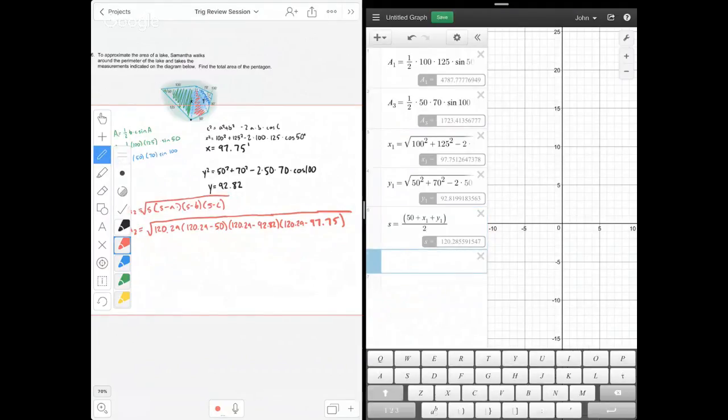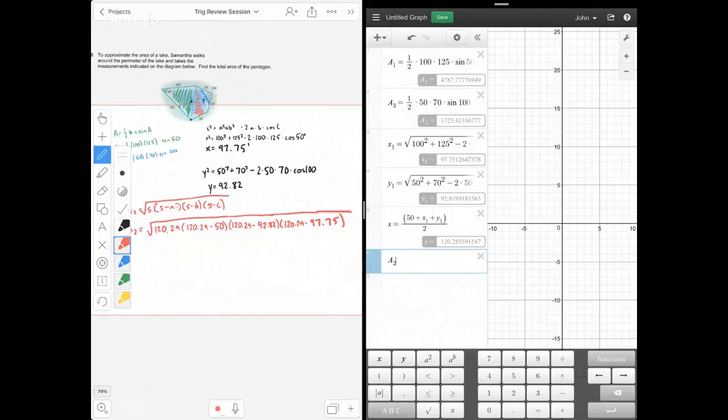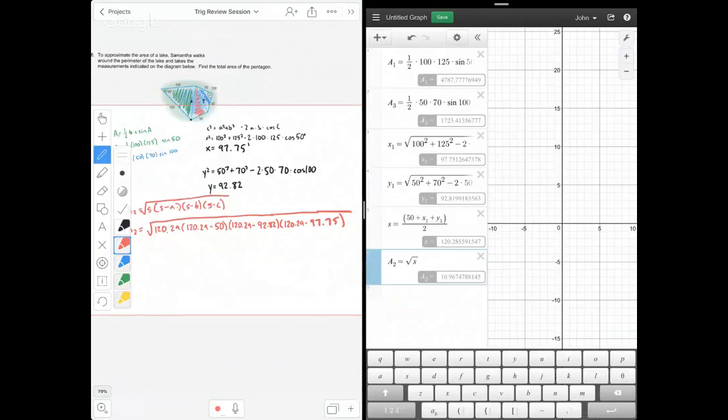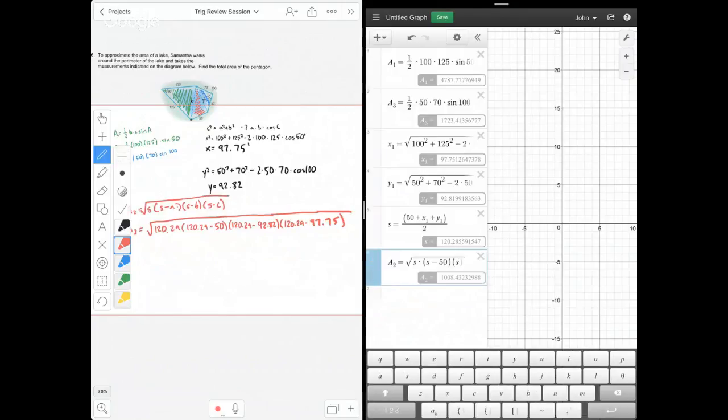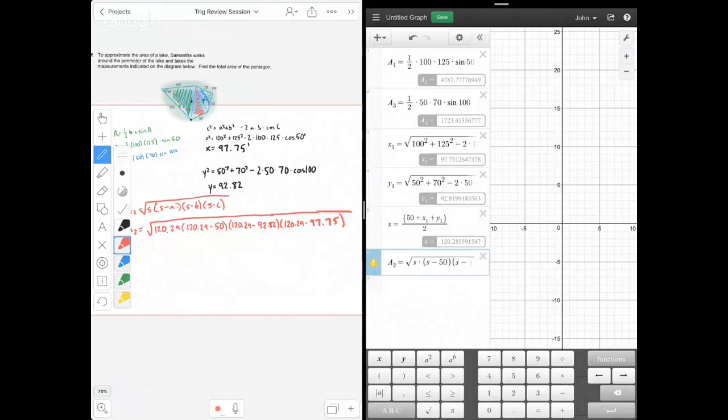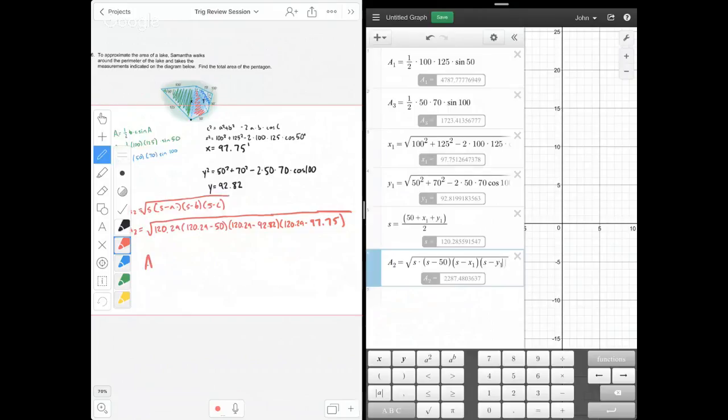So I'm going to tell Desmos that area 2 is equal to the square root of s times s minus 50 times s minus x1 times s minus y1. Area 2 equals 2,287.48.